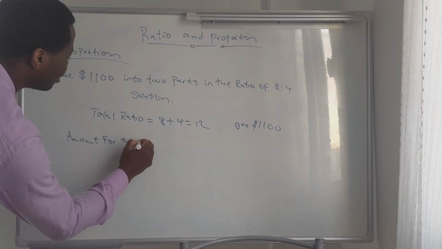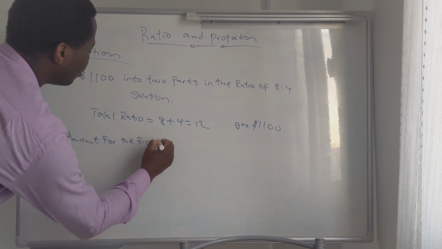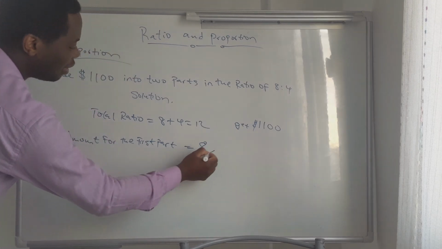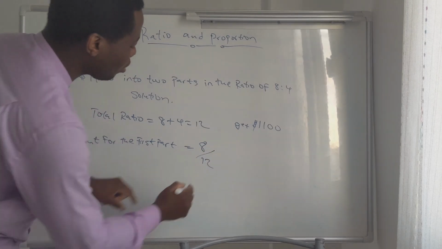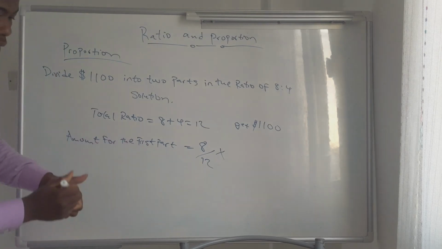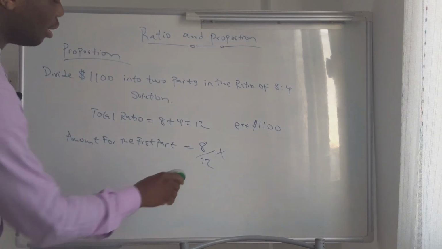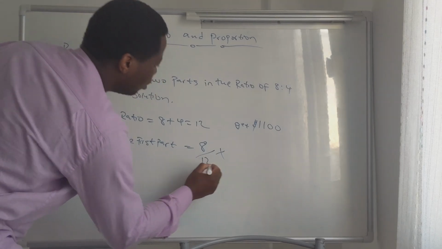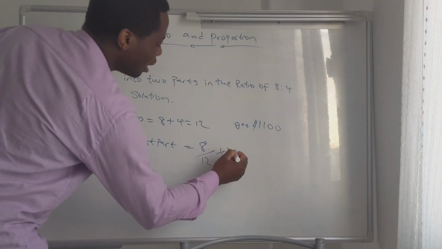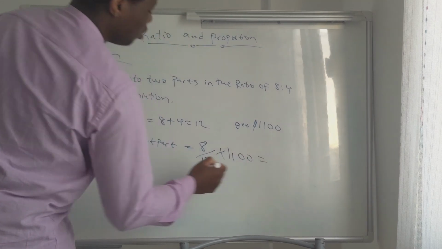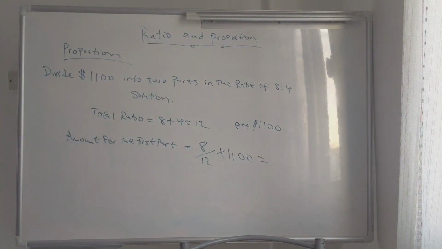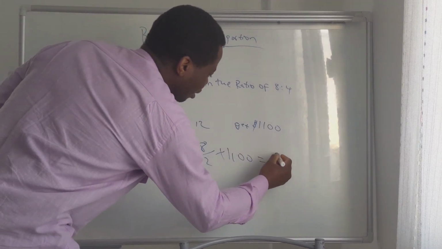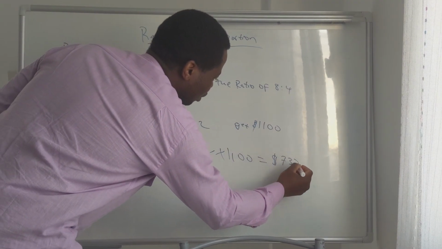So now the amount for the first part is 8 divided by the total ratio, which is 12, times 1,100. I hope we are all getting this. Once you do this, you're going to get $733.